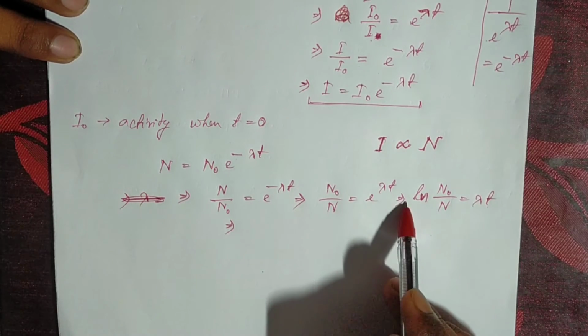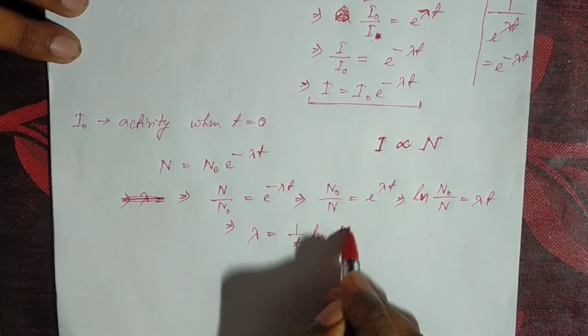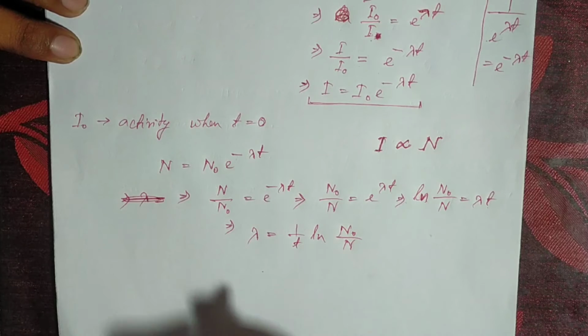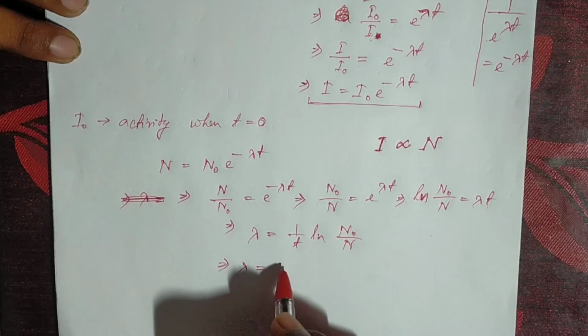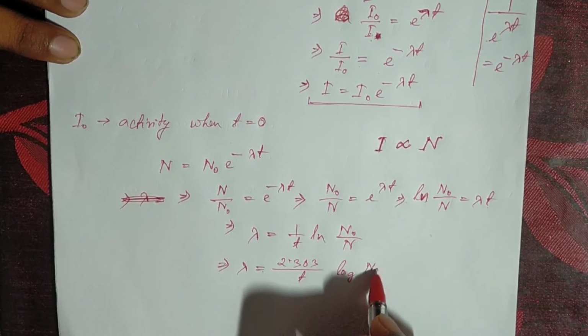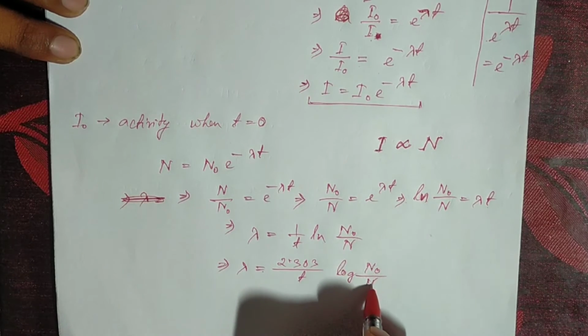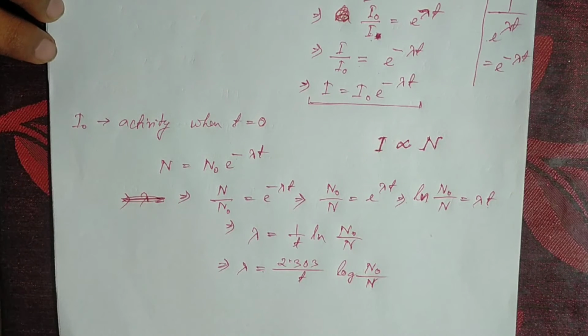So lambda is equal to 1 by t ln n naught by n, or in terms of log, it will be 2.303 by t log n naught by n. Here n naught is the number of atoms of radioactive substance when time is 0, and n is the number of atoms when time is t.